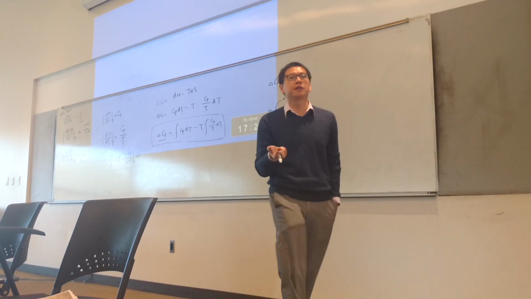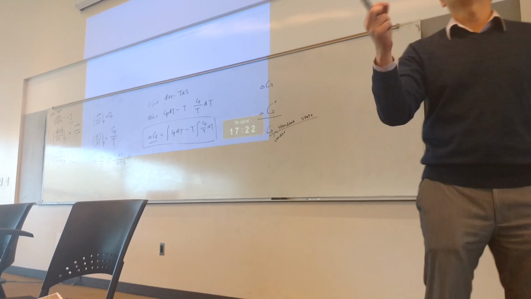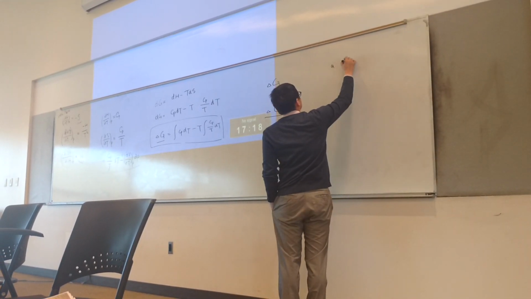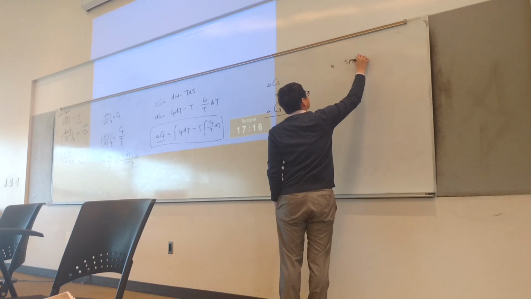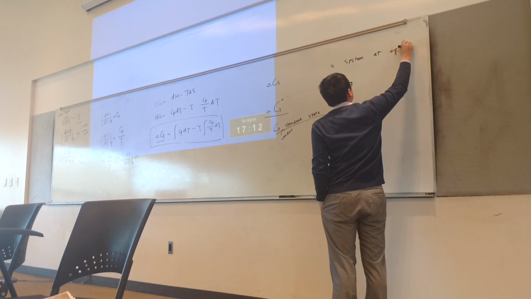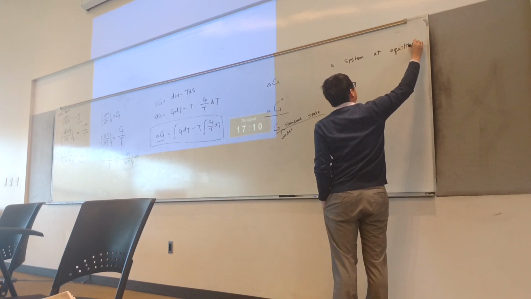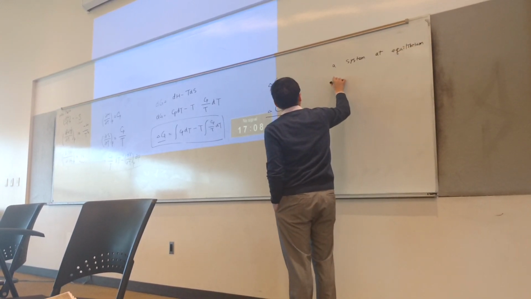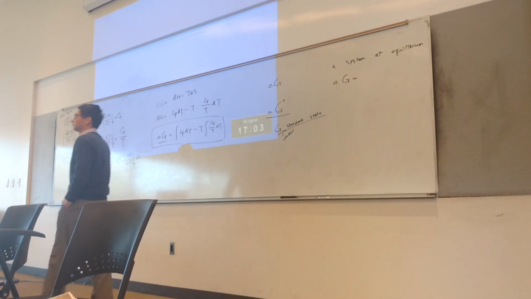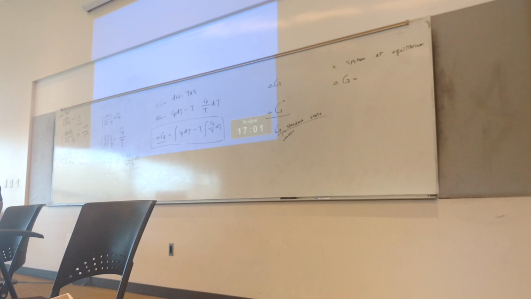So when you have a system that reaches equilibrium, what's your delta G?